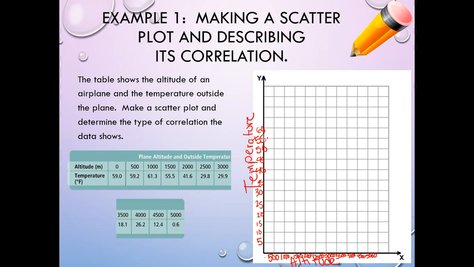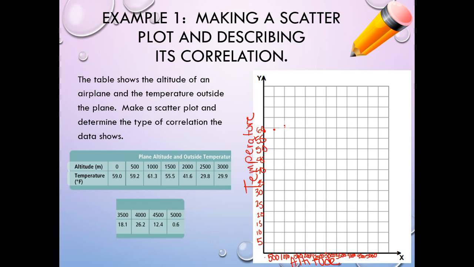So basically I'm going to make these into ordered pairs. 500, 59.2, so that's going to be really, really close to where I just was, so even closer to 60. 1,000 is 61.3, so I'm going to go just a little bit above 60, put a dot there.